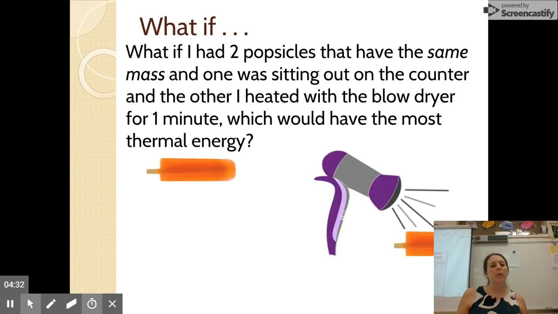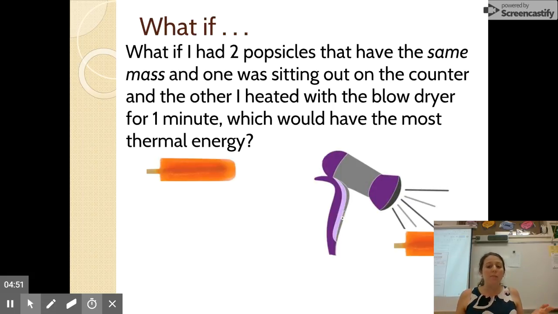So here's our next scenario. What if I had 2 popsicles and they had the same exact mass? One was sitting on the counter and the other one I heated up with a blow dryer for 1 minute. Which would have more thermal energy? Well, probably the one with the blow dryer.